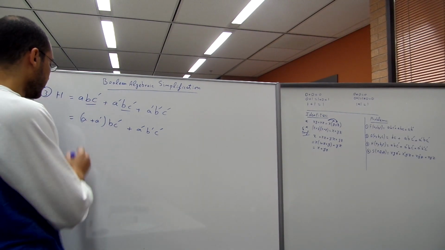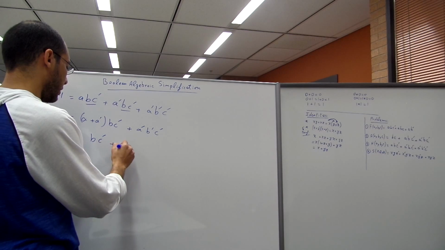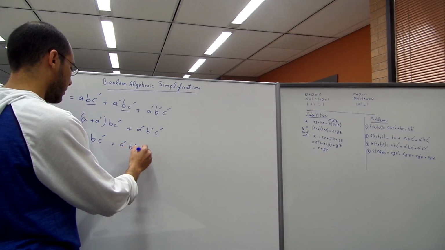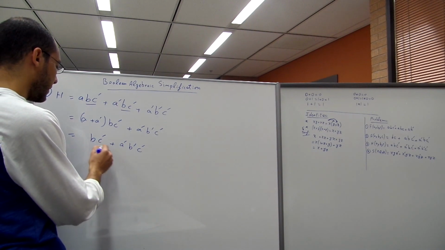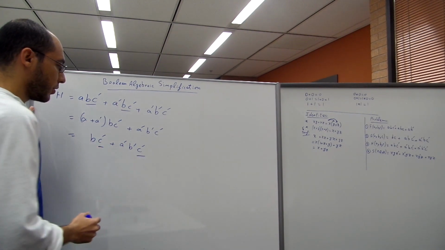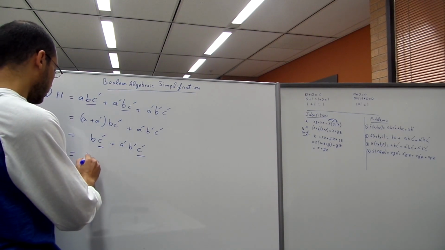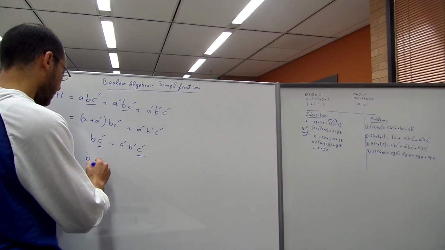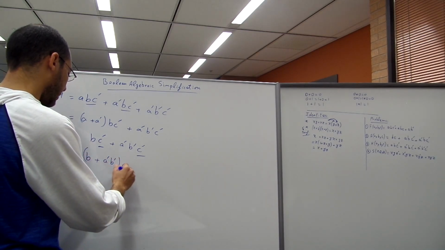And then this is equal to B, C bar, plus A bar, B bar, C bar. Here I can see that C bar and C bar are common, right? So what I'm going to do is B plus A bar, B bar, and then take the C bar.